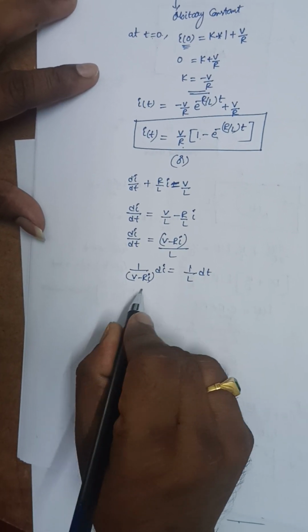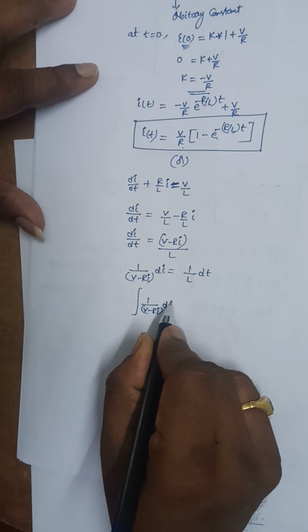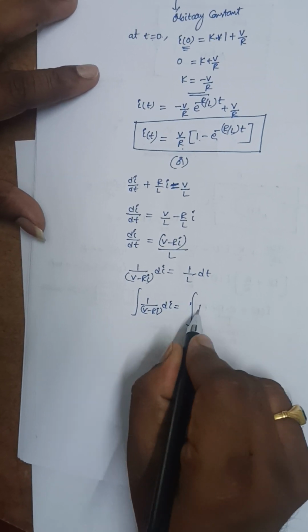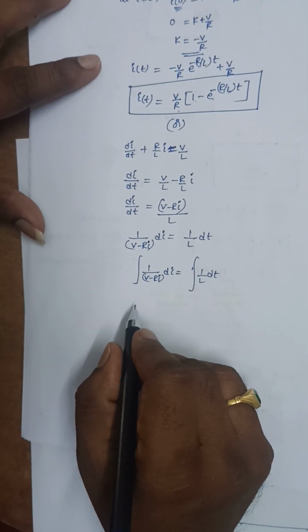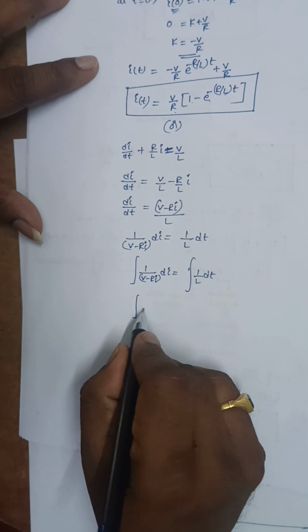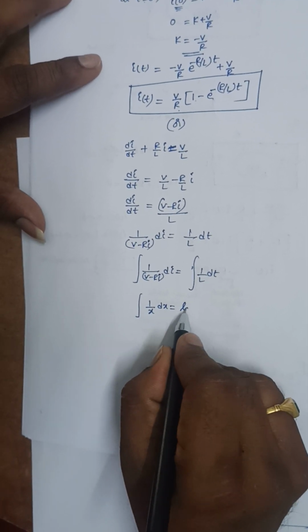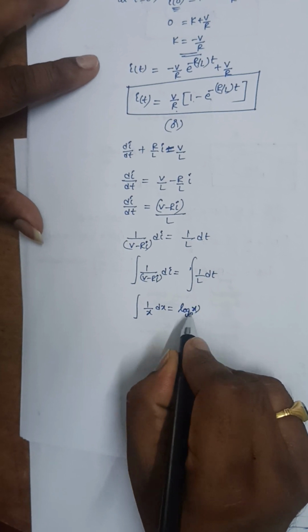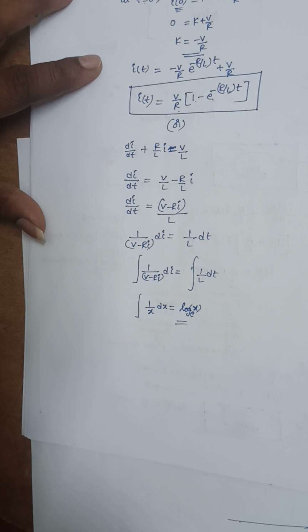Then I will get integral 1 by V minus R i into di is equal to integral 1 by L into dt. To solve this expression, normally we have the integration of 1 by x dx is equal to log base e x.